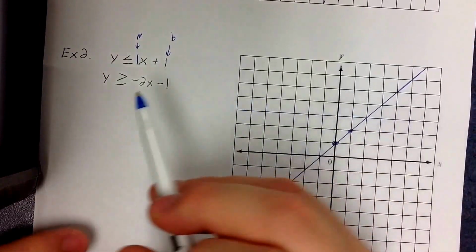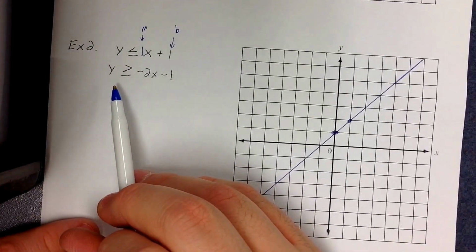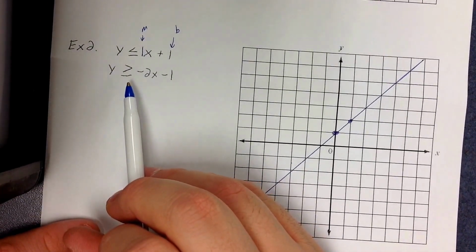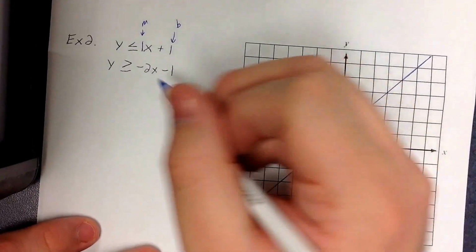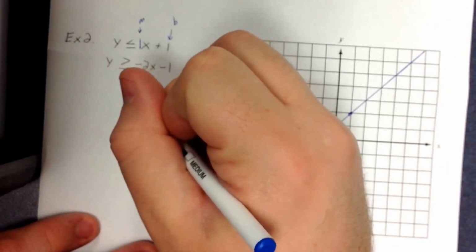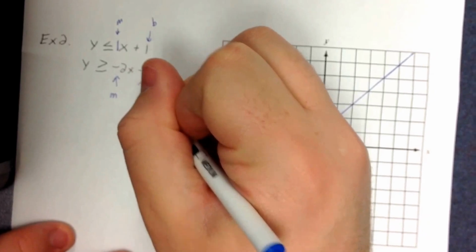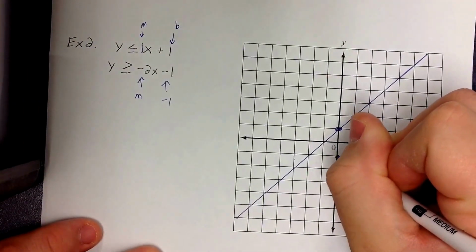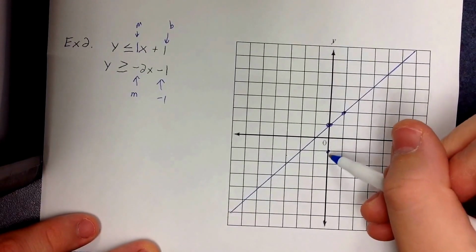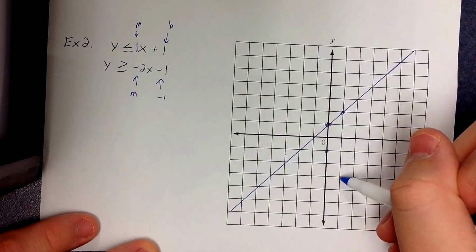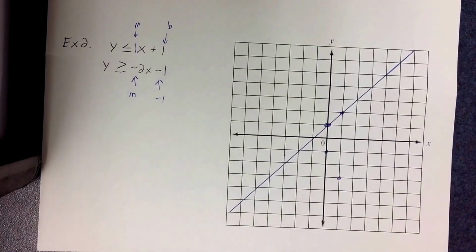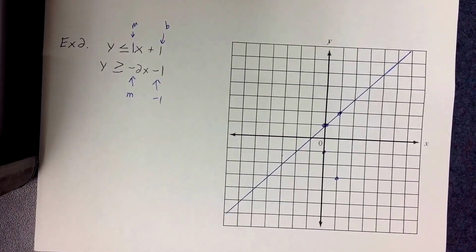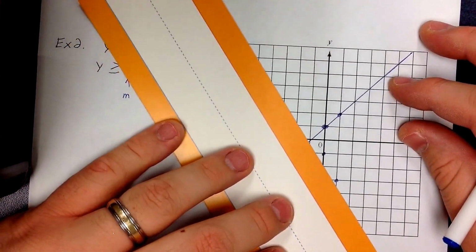The second line, also in slope-intercept form, has a greater than or equal to. So m is negative 2, b is negative 1. So I start at negative 1 because that's b. Since m is negative 2, I go down 2 to the right 1. Since it's equal to, it's also a solid line.